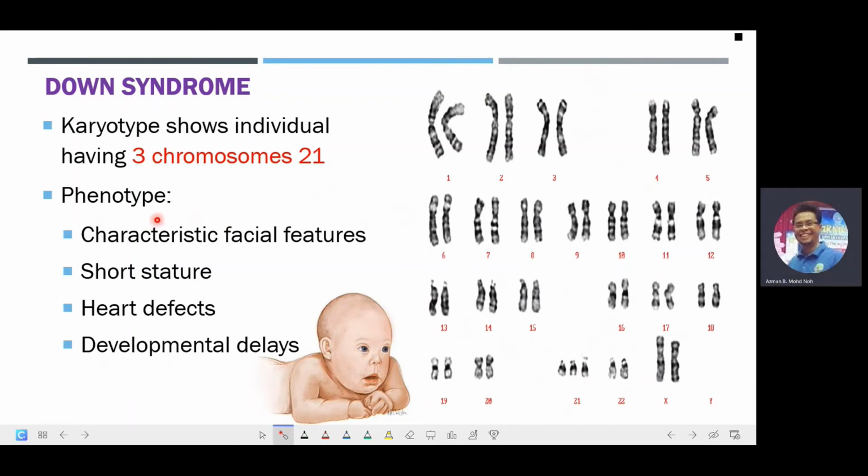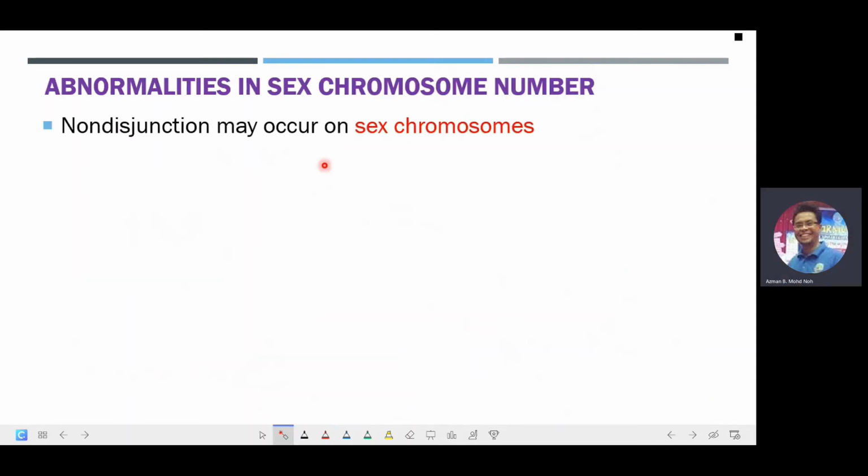For example, characteristic facial features. Normally, the individual will be short in stature. There will be heart problems, and usually the individual with Down syndrome will show some developmental delays, physically or mentally.